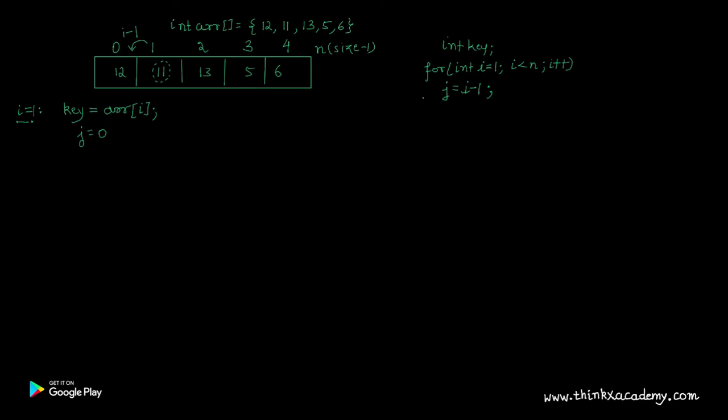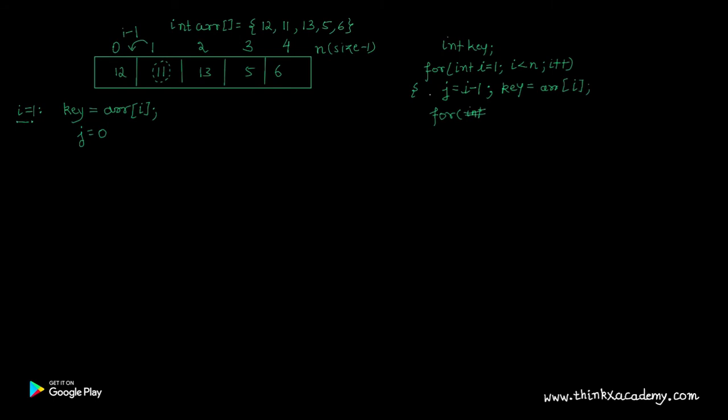So I'm just going to create a nested loop here. We know that the value of key equals the element at position i. So I will create a nested loop.